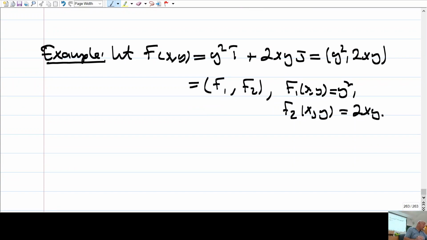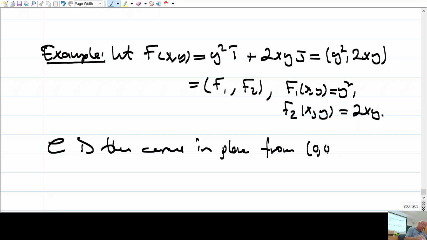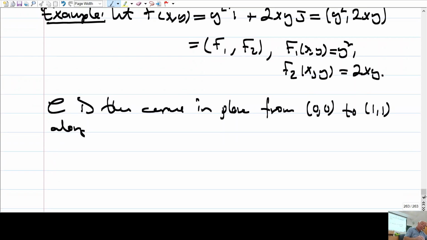And C is the curve in the plane from 0, 0, the origin, to 1, 1 along three parts. Part A is the straight line y equals x.